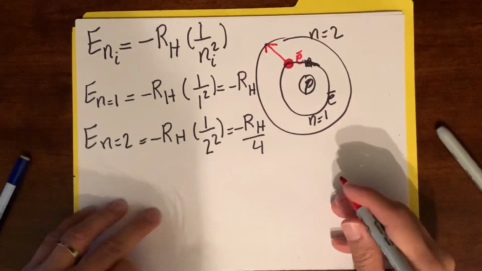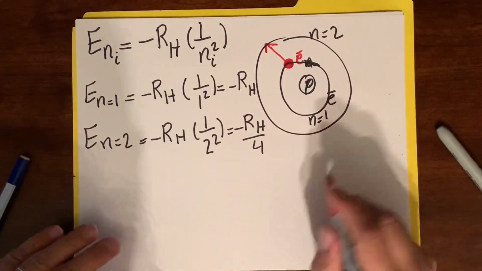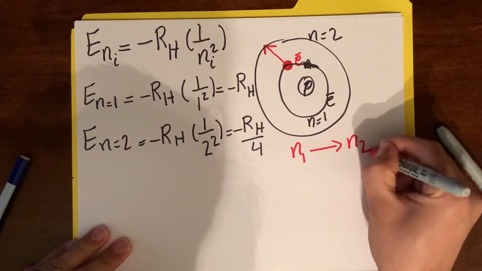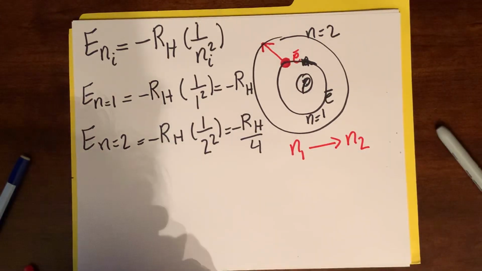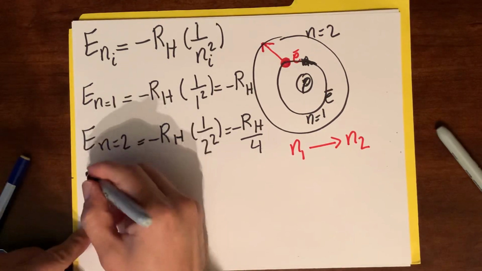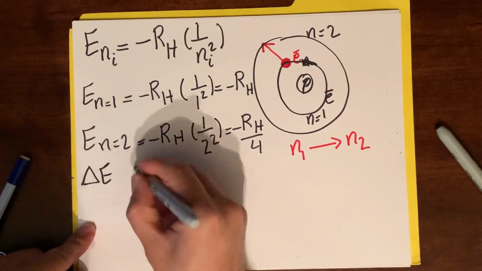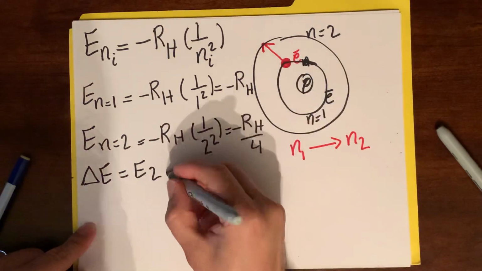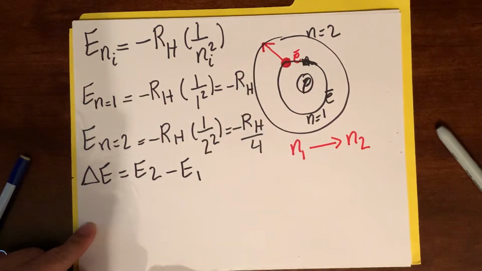We want to send it from N1 to N2, and we want to calculate the change with the energy. Change in energy is going to be energy of the second level minus energy of the first level.